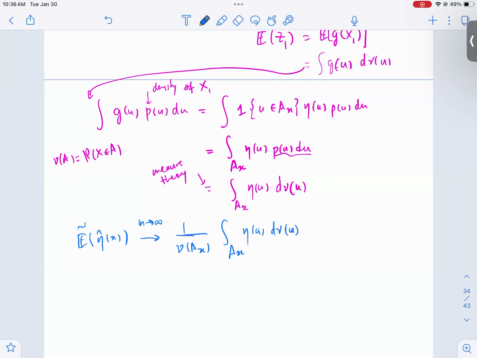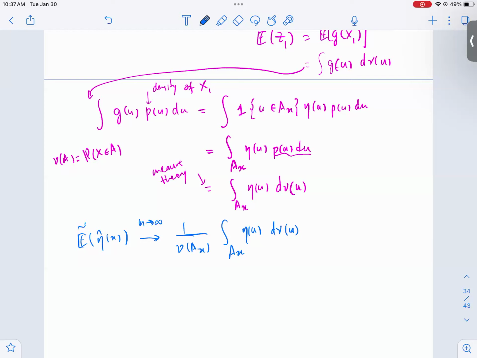If I integrate d nu, the density over A_x, I get this. Now I'm integrating eta(u), so this really is a weighted average. The sum of the entire weight is this, so 1 over this, and then I integrate this one.